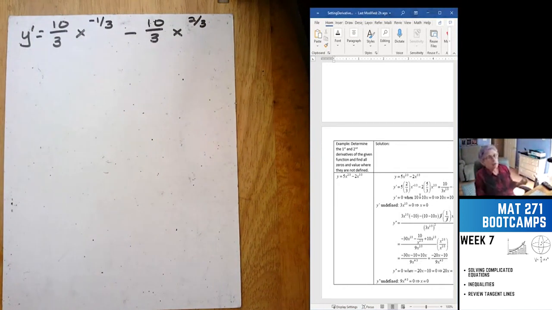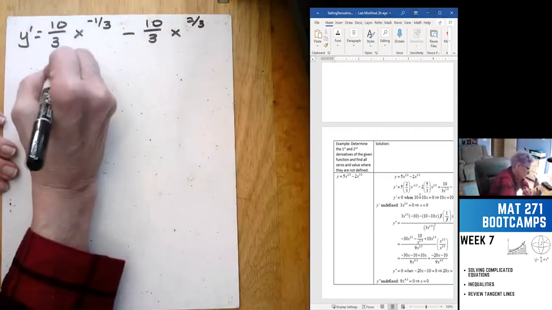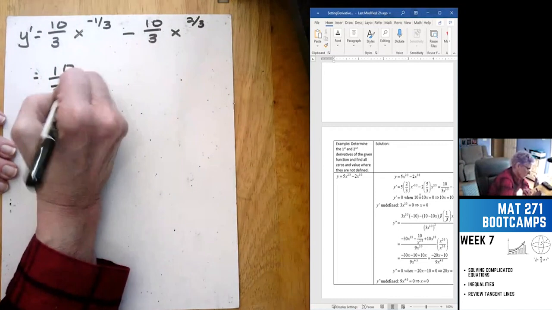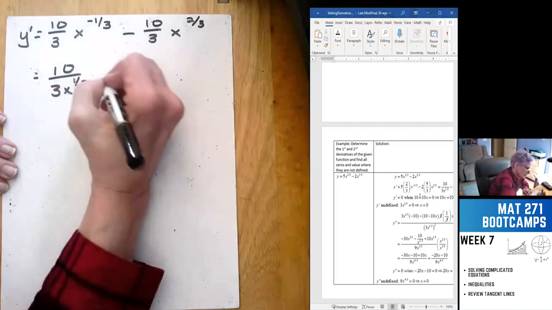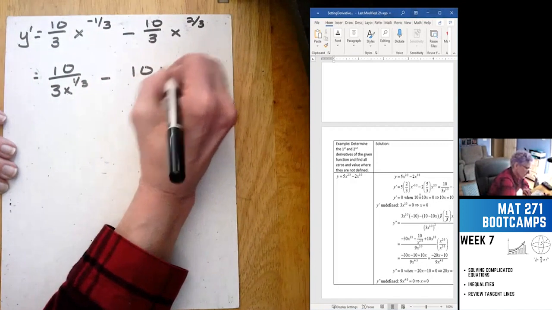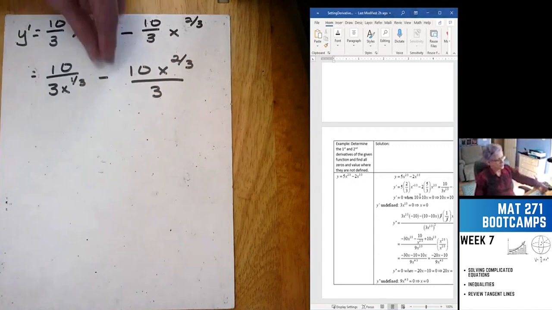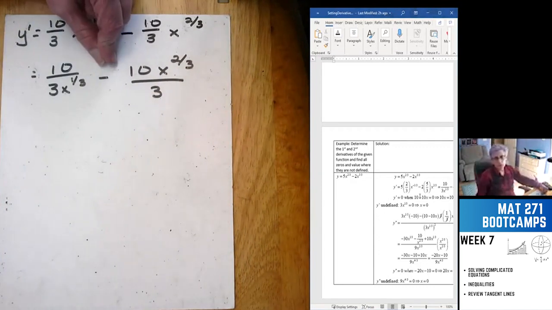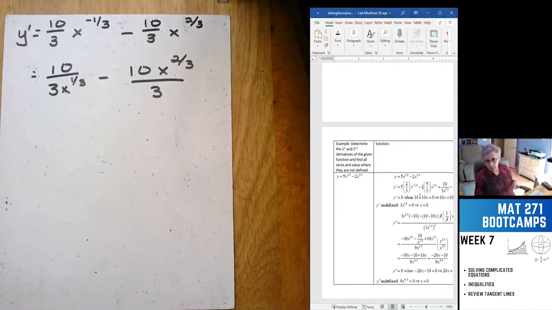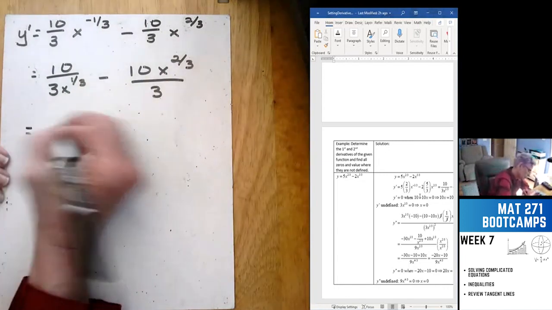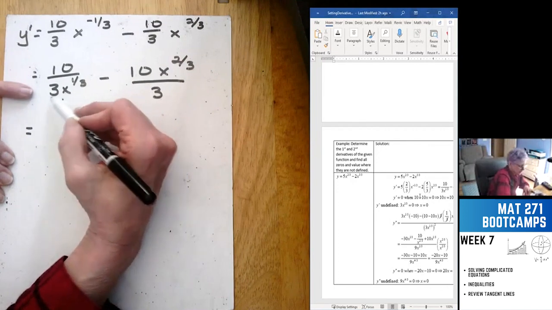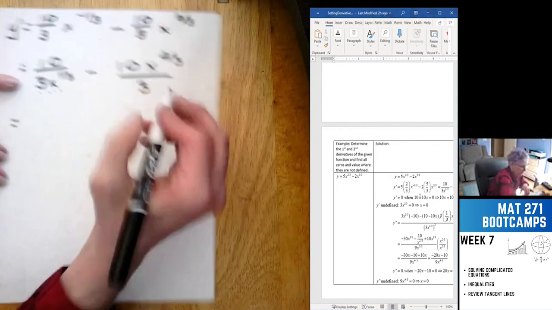Now, again, if all you had to do was set it equal to 0, you could do that right here. Do 10 over 3x to the 1/3 minus 10x to the 2/3 over 3. And you could just set that equal to 0 and then cross multiply. But we know what's coming. We know we're going to have to do the second derivative, so let's go ahead and combine it into one handy dandy unit. So my common denominator is 3x to the 1/3 power.